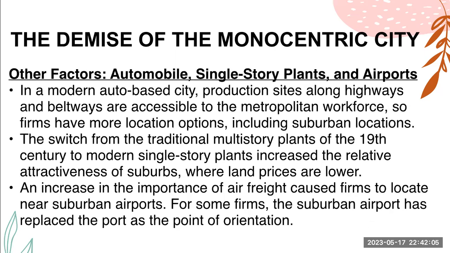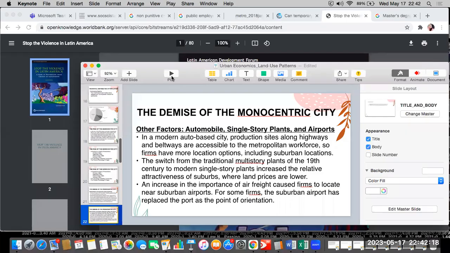Other factors that led to the demise of the monocentric city. In a modern, auto-based city, production sites along highways and beltways are accessible to the metropolitan workforce. So firms have more location options, including suburban locations.